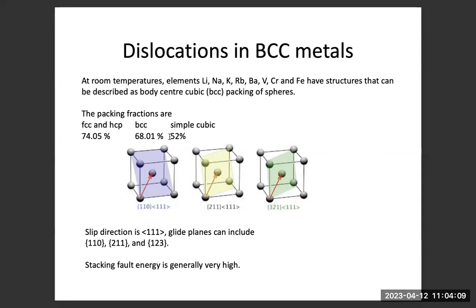So one question. For FCC, we have 12 slip systems. For BCC, we have 48 slip systems. Why do you think FCC is more ductile than BCC? For BCC, we have more slip systems. If you compare just the numbers, you would expect BCC to be more ductile than FCC.